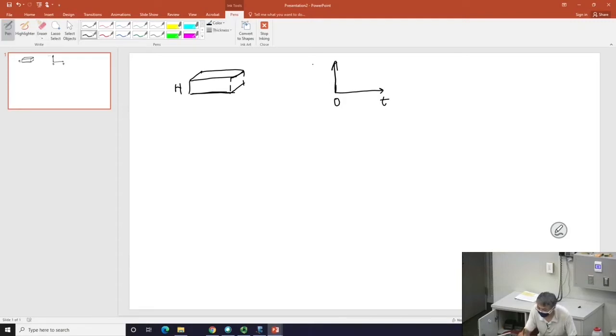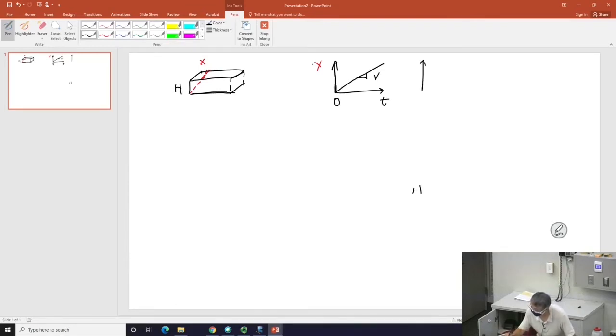If you look at where your upper surface is moving, at some point it moved to x, and this x just increases linearly in time, because the slope is v.